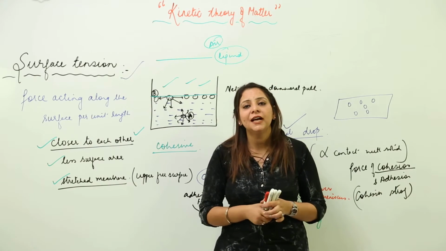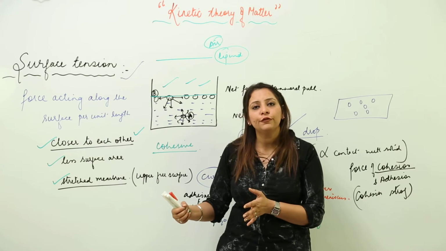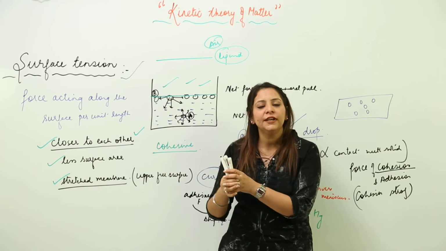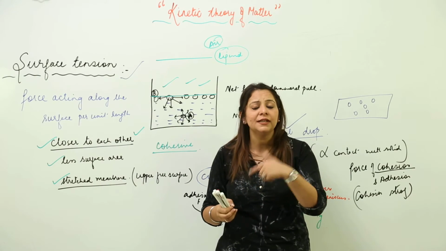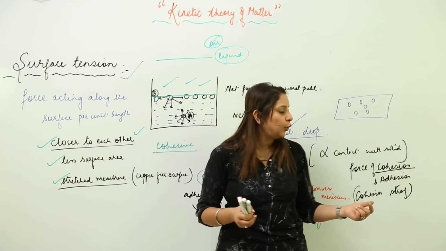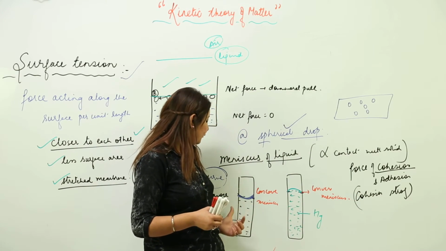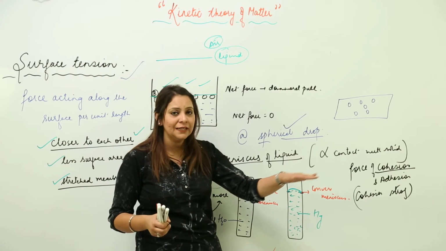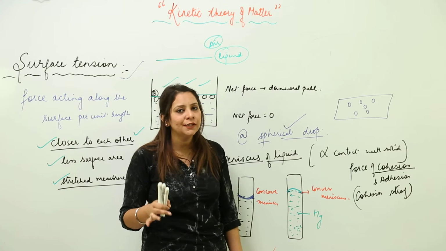This is because in mercury the force of cohesion is much stronger, therefore it tries to come closer to each other and acquire a spherical drop like structure, but it does not happen in case of water, because, as I told you, the force of adhesion is more as compared to the force of cohesion, therefore it remains scattered like this. So this is what surface tension is.